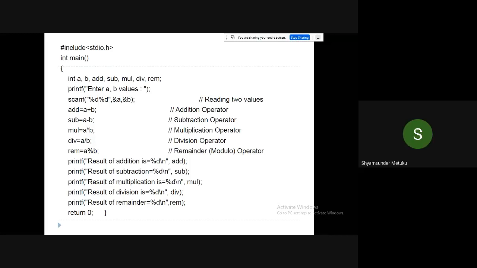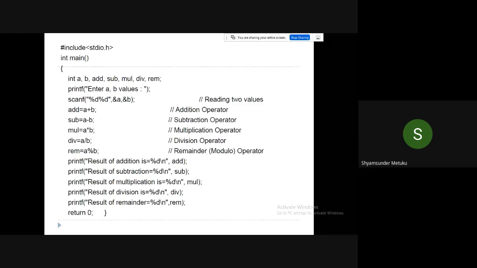The first line indicates what? Declaration. Very good. So there is no definition, right? So how many variables are declared? Seven, right? 1, 2, 3, 4, 5, 6, 7.